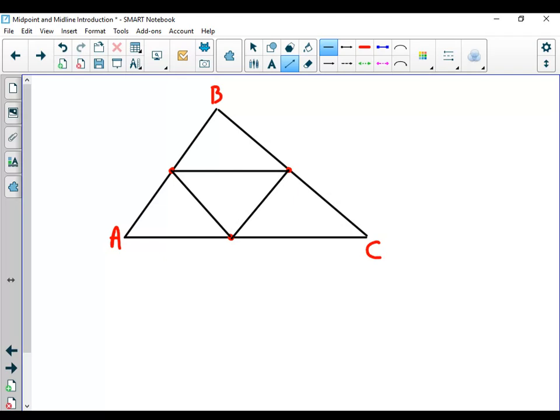Once you've found all your midpoints, you're now going to connect the midpoints like I have up here.